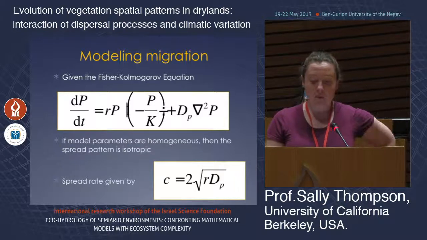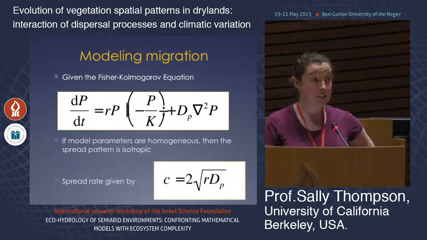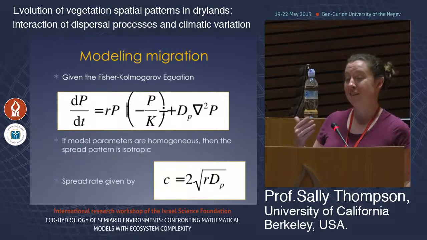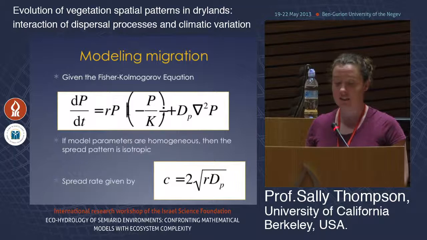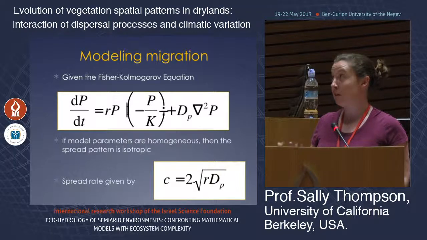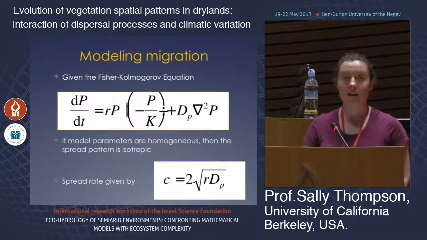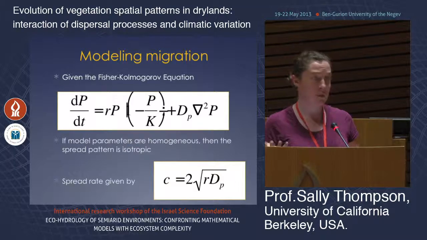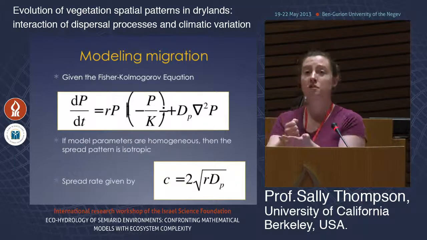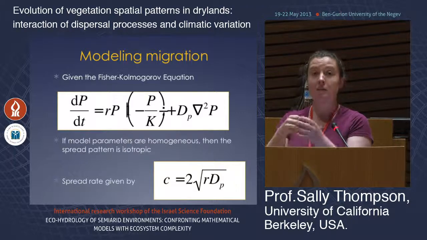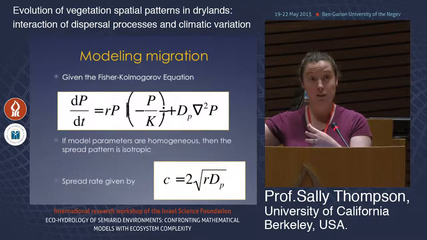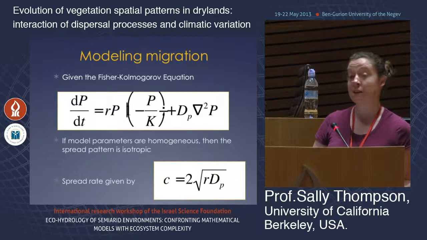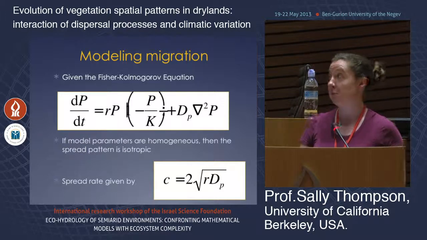Given the Fisher-Kolmogorov equation, one of the nice mathematical properties that comes out of this is that, at least for the case of spatially homogeneous conditions, the spread that comes out of this is isotropic and has a constant behaviour. So, in fact, the solution for this model, assuming that we start with a concentrated region of biomass at a point, is that that region simply expands through space as a propagating wave, and that wave moves with a constant celerity once it reaches its asymptotic limit.